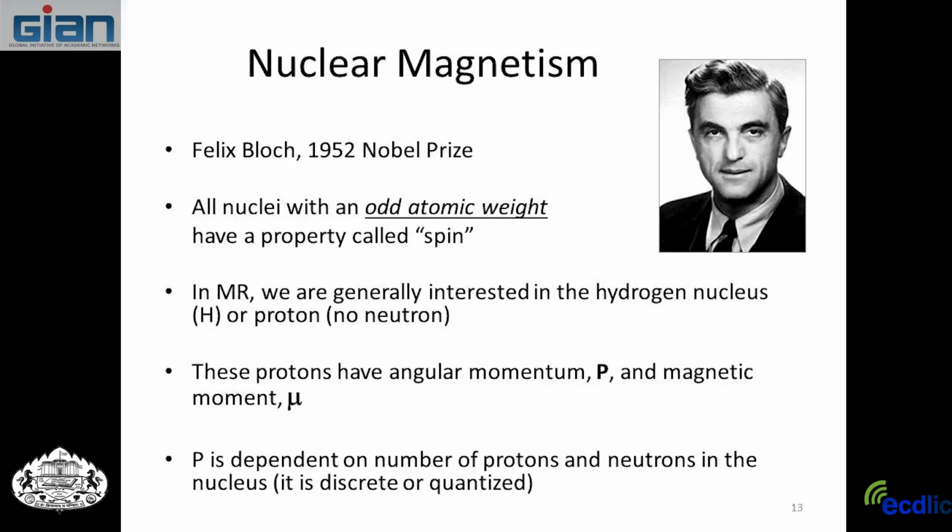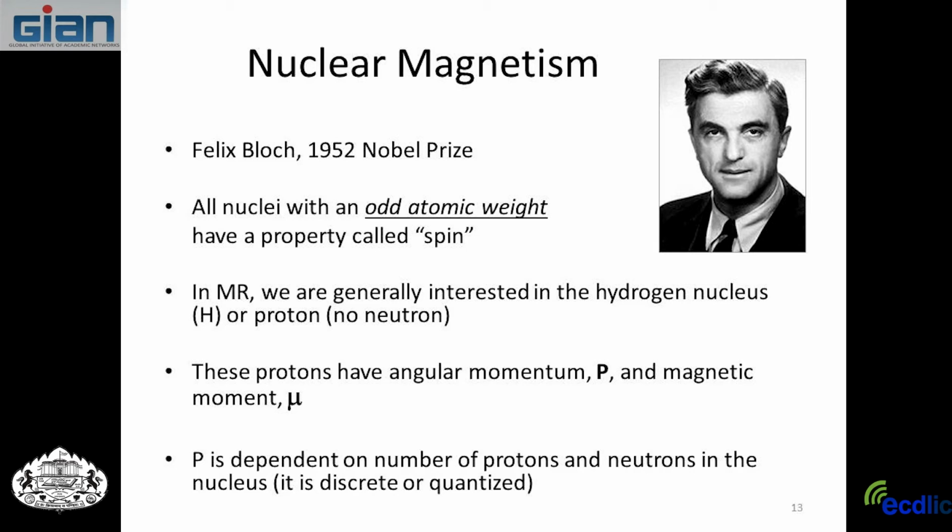Like I mentioned before, nuclear magnetism was discovered by Felix Bloch in 1952, and he won a Nobel Prize for this. What he proposed was that all nuclei with an odd atomic weight have a property called spin. There are many elements that have this property.